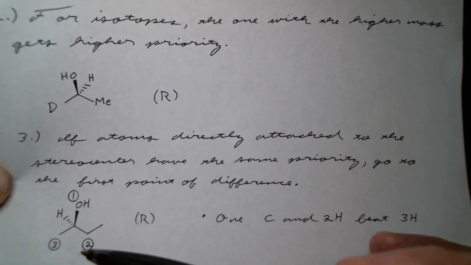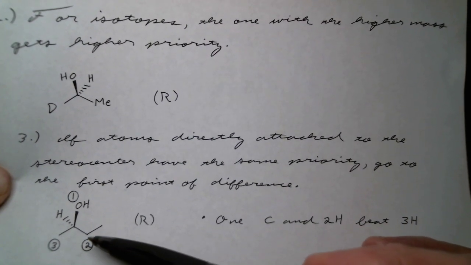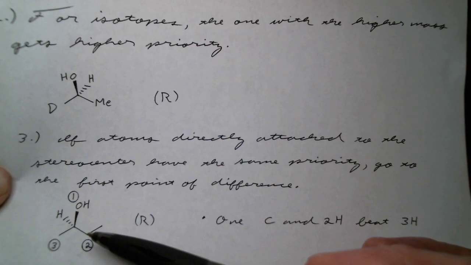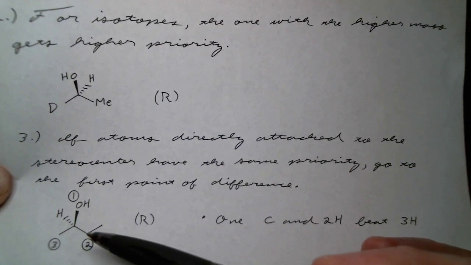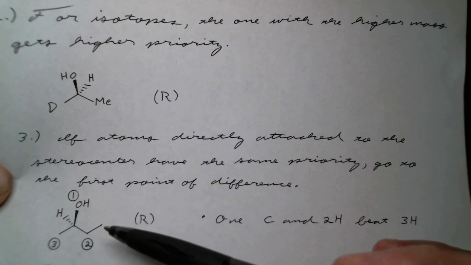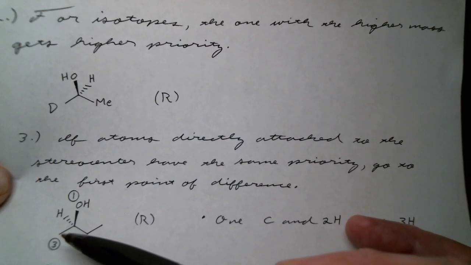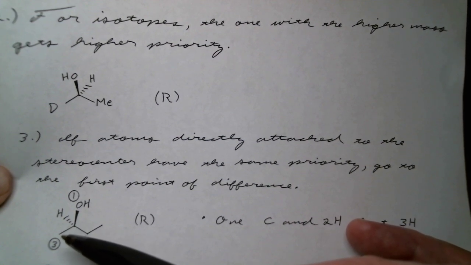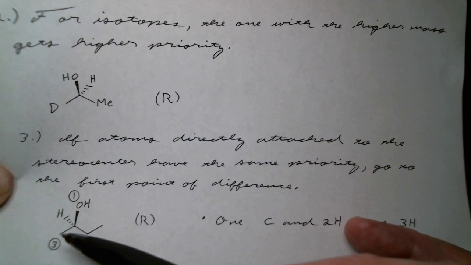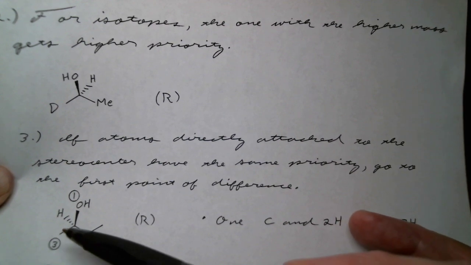Well, what is on the second group? It's a carbon that's bonded to the stereocenter, obviously, but what else is it bonded to? 2 hydrogens and another carbon. Over here on the methyl group, we're bonded to the stereocenter, yes, and we're a carbon, but what else is it bonded to? 3 hydrogens.